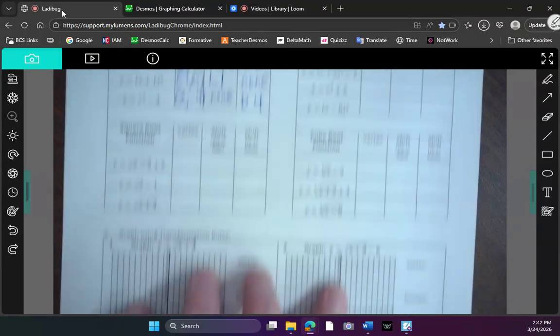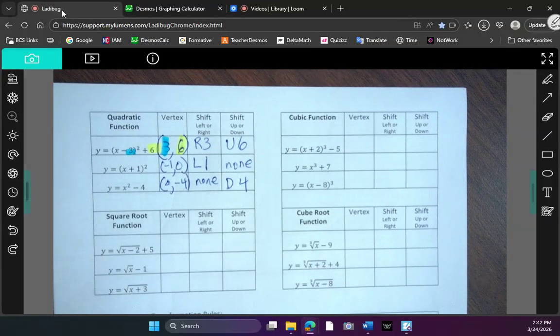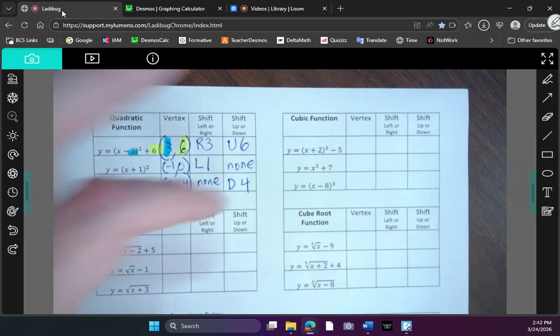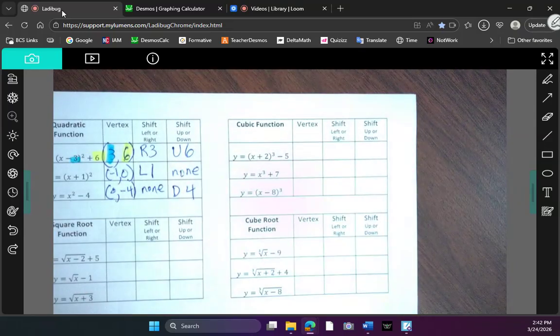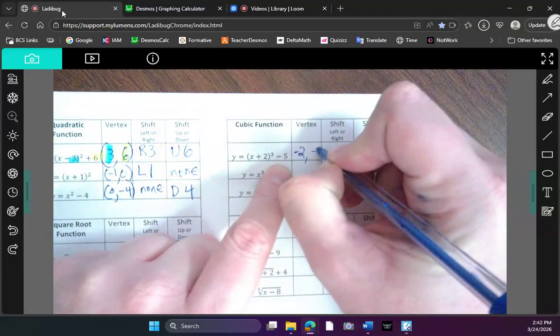I would work out some of these, and you'll have an answer key that you can check from. But it is all the same no matter if it is a quadratic, a cubic, a square root, or a cube root. Just real quick, I'll throw out a couple more here. This one is the opposite. That's -2 and -5.